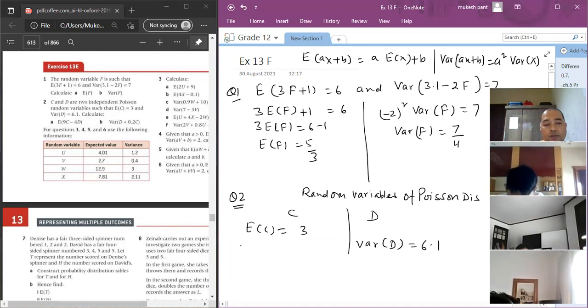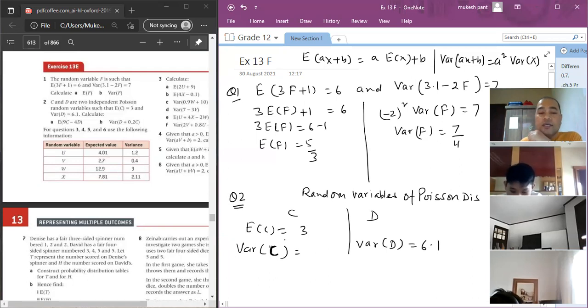So can anybody tell me, if the expected value of C equals 3, what should be the variance of C? Remember, in case of Poisson distribution, E of X equals the variance of X. These two are equal.